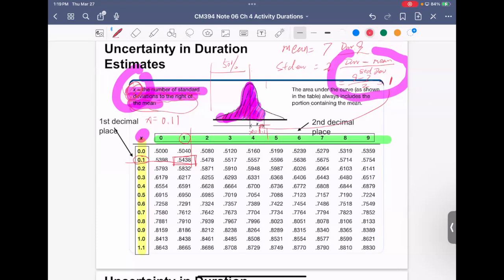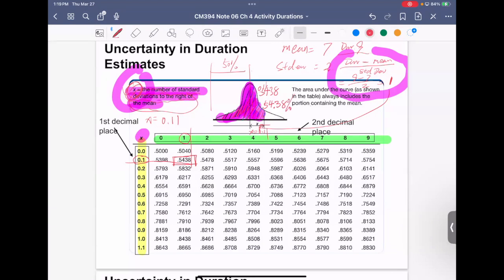The probability of this happening, I mean this pink shaded area, is 54.38 percent, right?